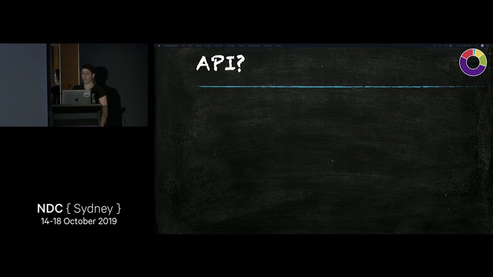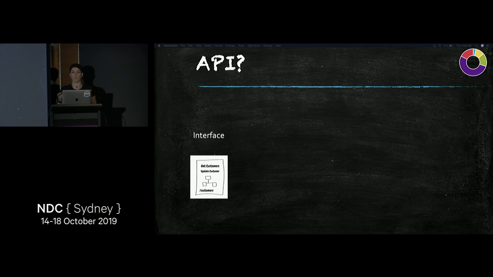API is an acronym that stands for application programming interface, and APIs help us expose business capabilities, and there are a lot of definitions. But when we say an API today, we're not talking about any specific technology. We're talking about a simple definition.